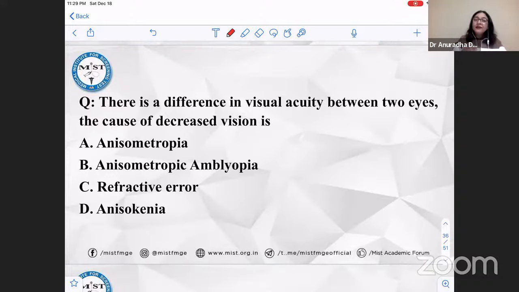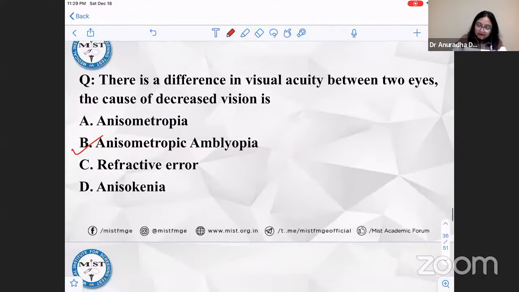So when there is anisometropia, what is the cause of the decreased vision? Now let's go through the choices: anisometropia, anisometropic amblyopia, refractive error, anisokenia. There can be a difference in the choices recalled, but everybody was sure that the choice of anisometropic amblyopia was there, which is actually the right answer.